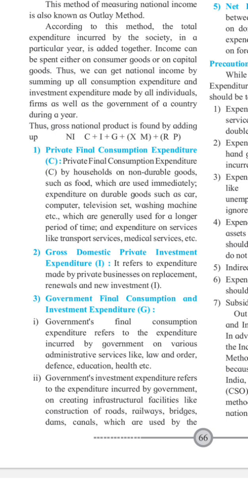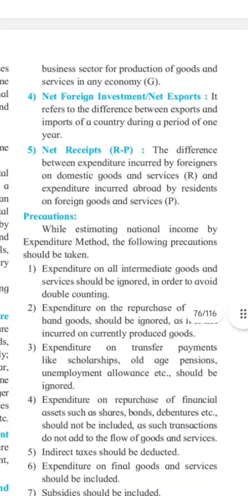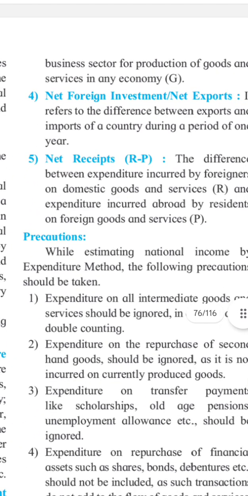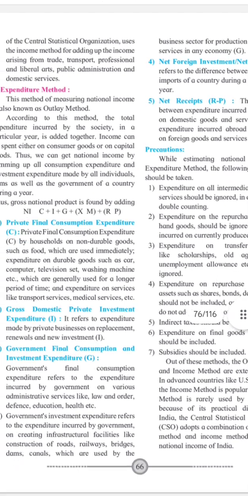Net foreign investment or net exports is equal to exports minus imports. This is the formula. Net receipts, that is R minus P: net receipts from abroad minus payments made to abroad.